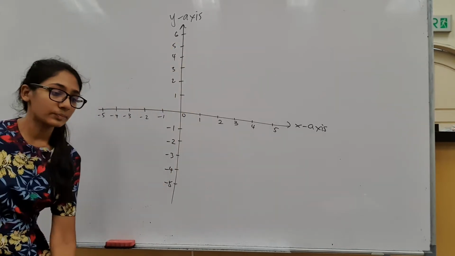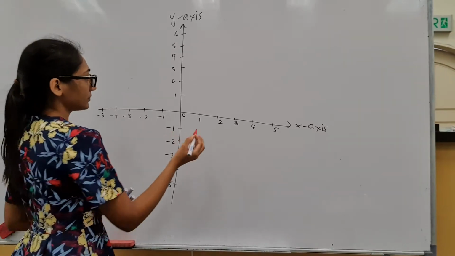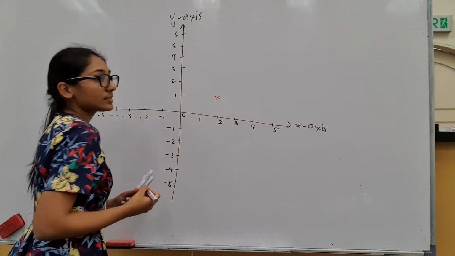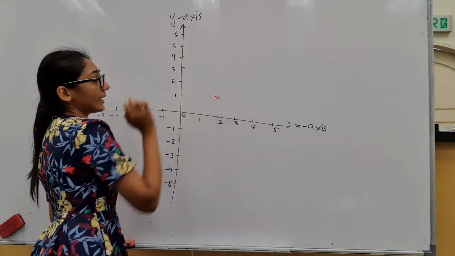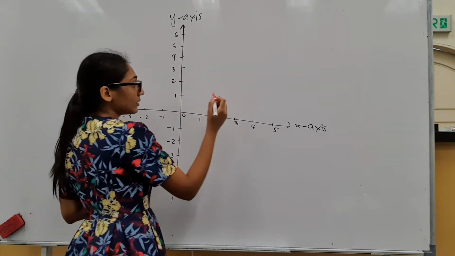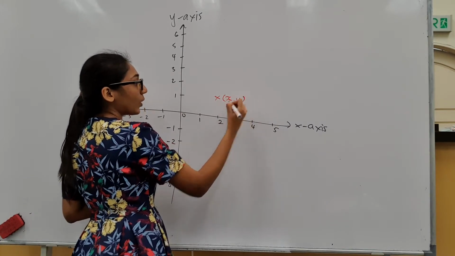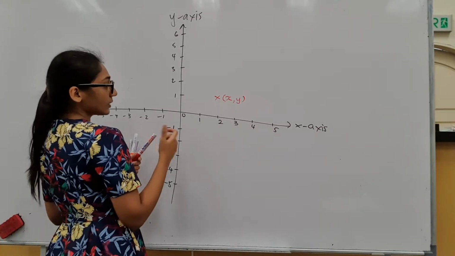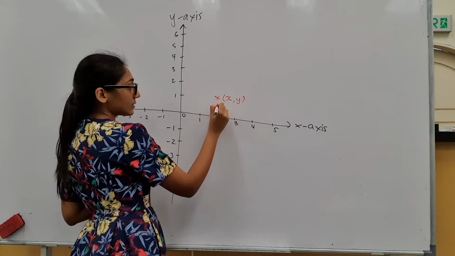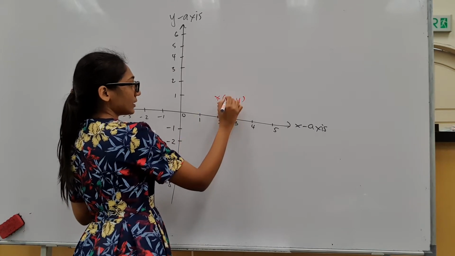Okay, so if I had a point on the graph, let's say this point, what is the coordinate? The coordinate consists of an x value and a y value. That means the point, how we write it, must also have an x value and a y value. The x value corresponding to this point is 2, so I write 2 here.